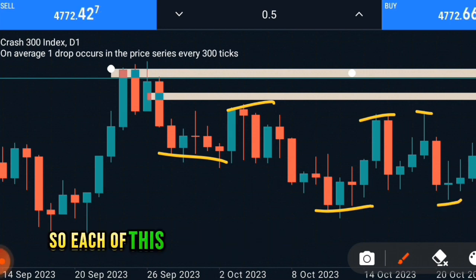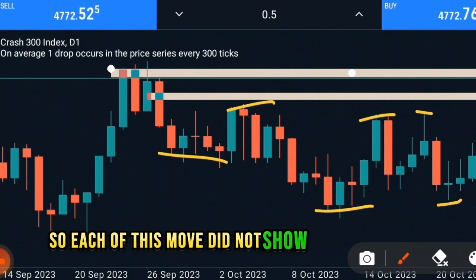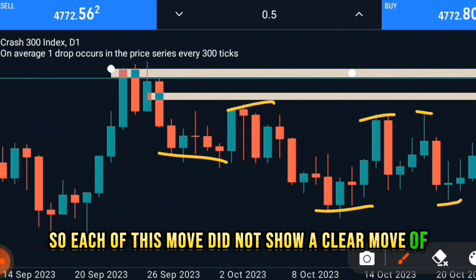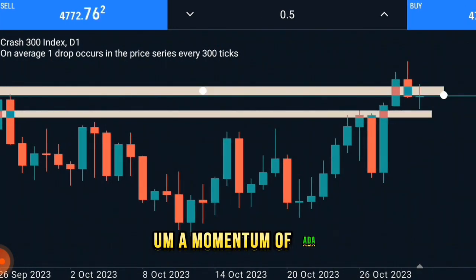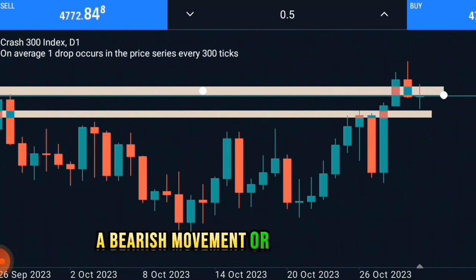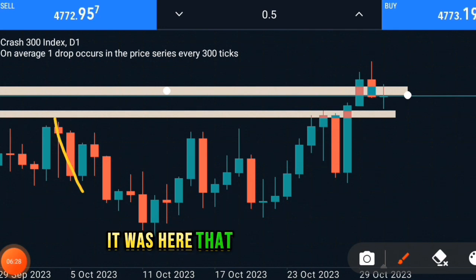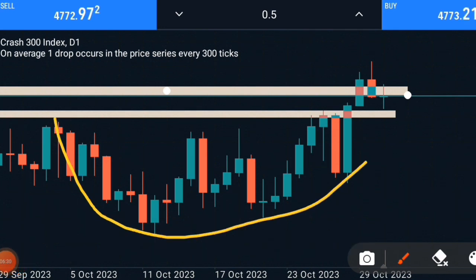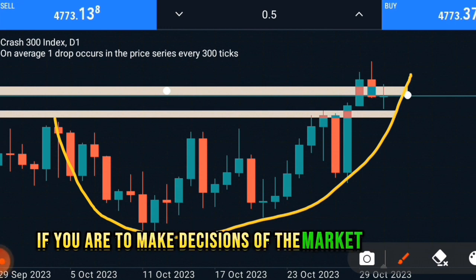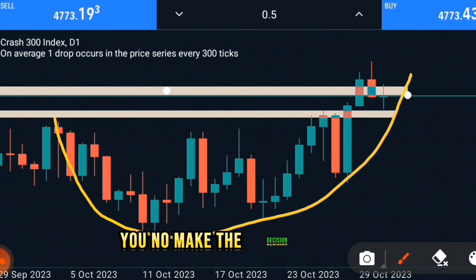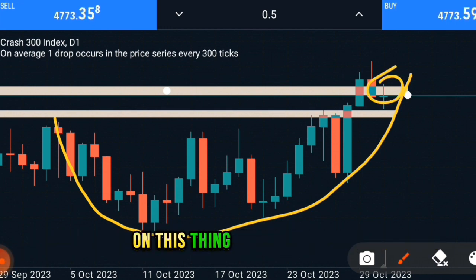So each of these moves did not show a clear momentum of either a bearish movement, or so it was here that it took from here down to this place. So if you are to make decisions of the market in the day, you will not make this decision based on this thing is coming here or that is going to go here.